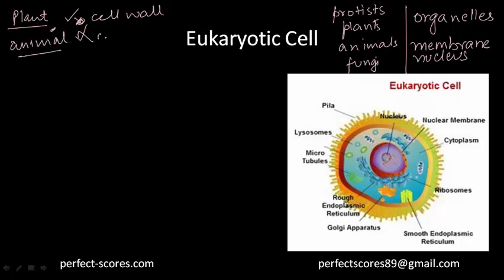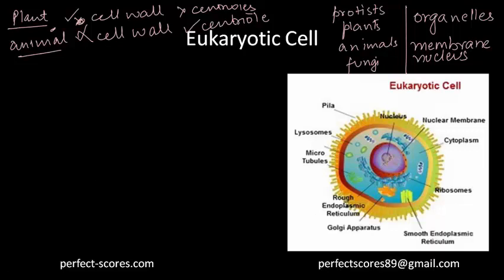So animal cells do not have any extra cell wall. On the other hand, in animal cells there is an extra thing known as centriole, which is not present in the plant cells. So plant cells do not have any kind of centrioles in them. So two important differences between plant and animal cells.